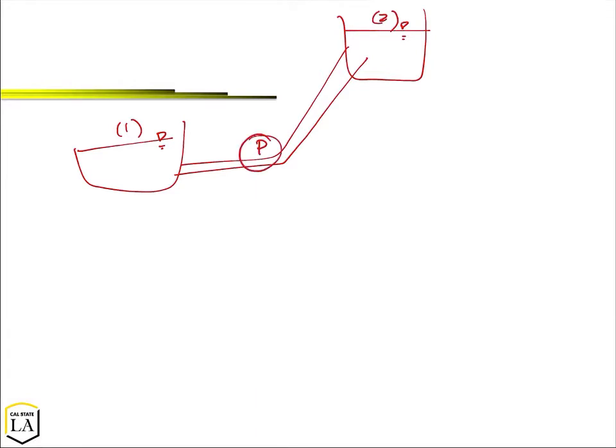If you have a pump, that means you're taking water from a lower elevation, this would be my lower elevation, to my higher elevation here. That means the direction of flow must be going this way, from low elevation to high elevation.